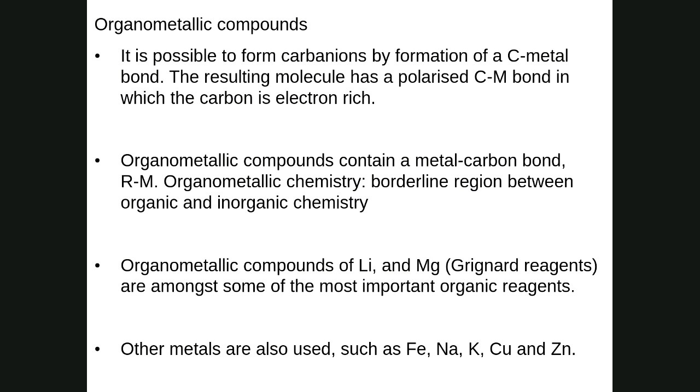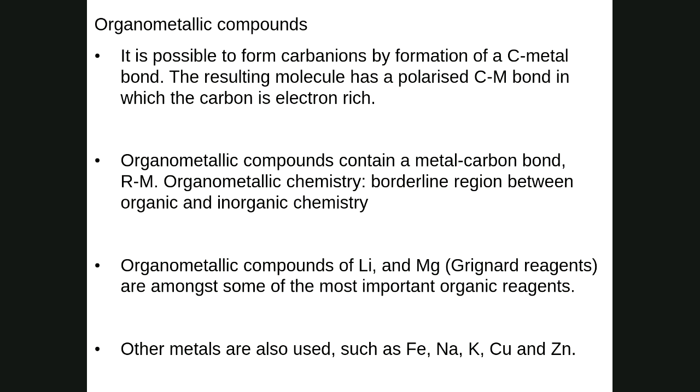It just has an excess of electrons around it. These types of compounds, when you have these metal-carbon bonds, are called organometallic compounds. And organometallic chemistry sits in the border between organic and inorganic chemistry, because it involves the chemistry of carbon compounds, but when they react with metals.